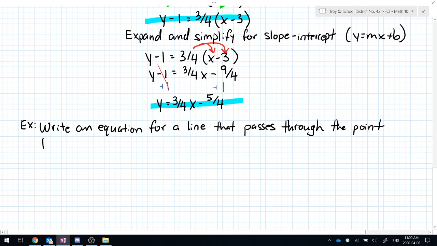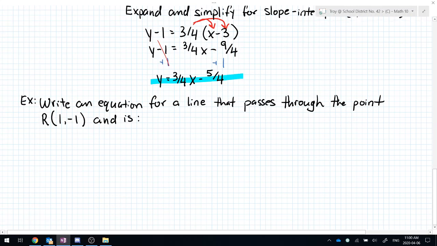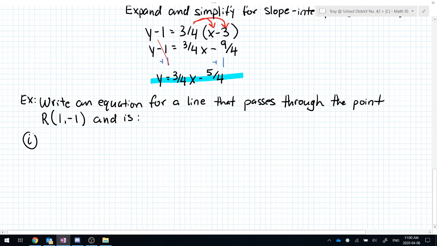R, which is at 1, -1, and is... So first question, parallel to the line y equals 2/3 x minus 5.